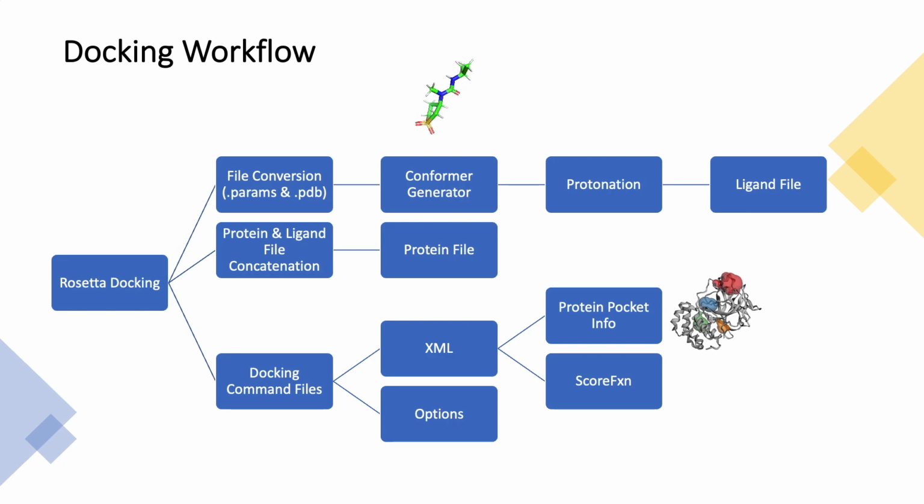And then we have the options text file, which provides additional information to Rosetta, telling Rosetta where my inputs are, where my outputs should go, and what kind of data format I want for my outputs. After we generate these two files, we're ready to go.